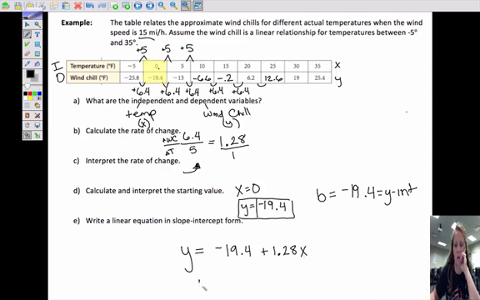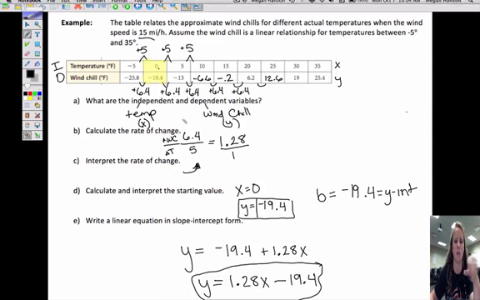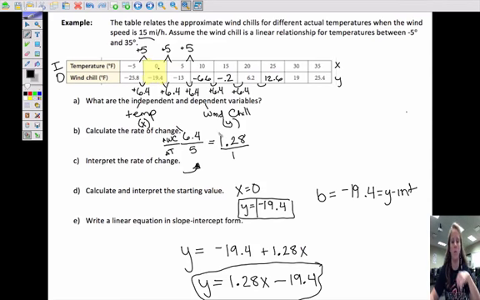Okay? Now if we write that in correct mathematical form, the slope comes first, so 1.28x plus a negative or just minus, whatever you guys prefer, 19.4. That would be our equation. But again, today the learning target is just looking at this rate of change. But this equation will come in handy later.